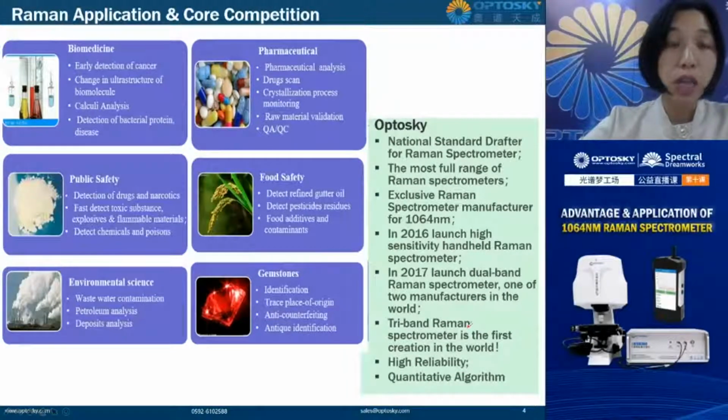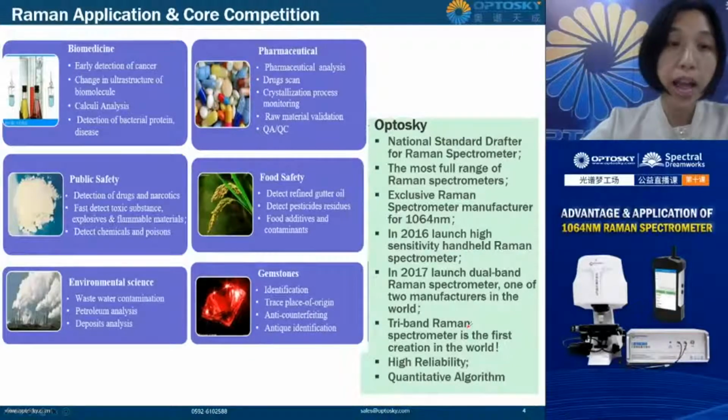Raman spectrometers are applied in biomedicine, such as early detection of cancer, identifying changes in structures of biomolecules, and also calculus analysis. We can also see pharmaceutical industries, pharmaceutical analysis, drug scans, crystallization process monitoring, and raw materials validation.